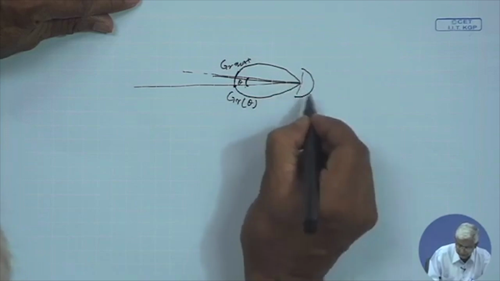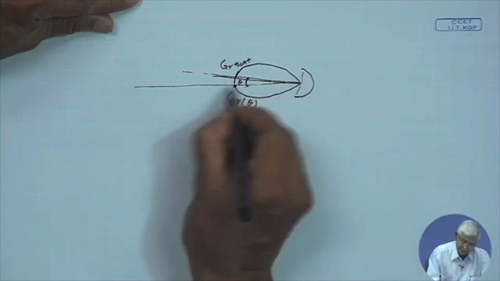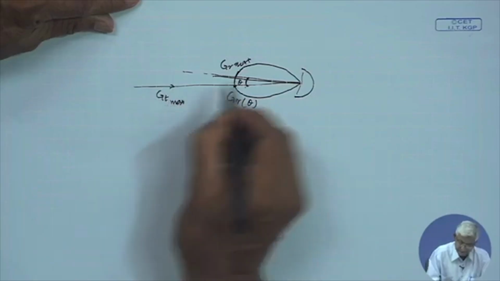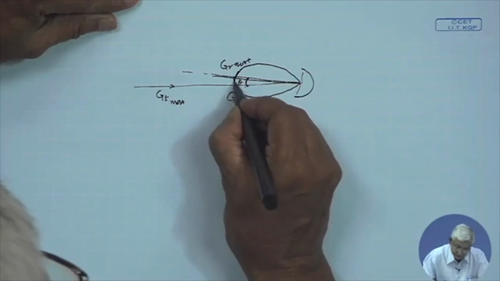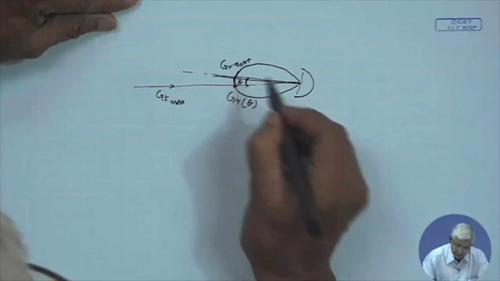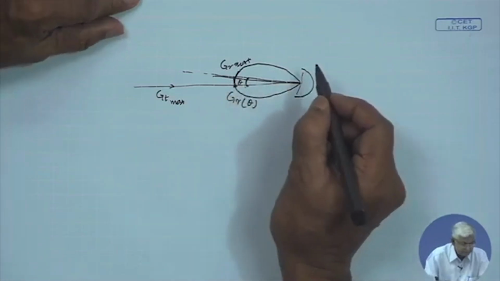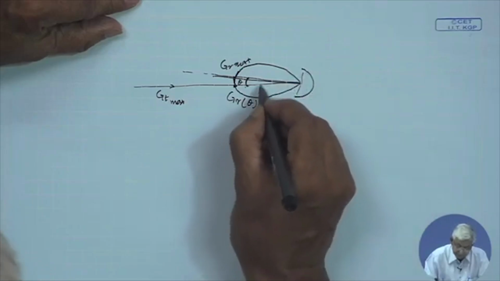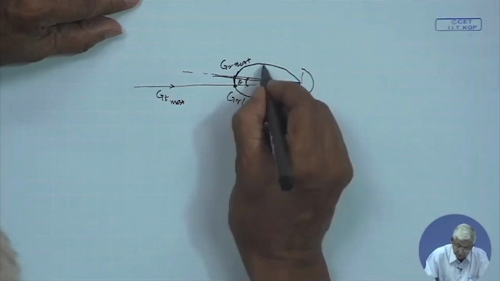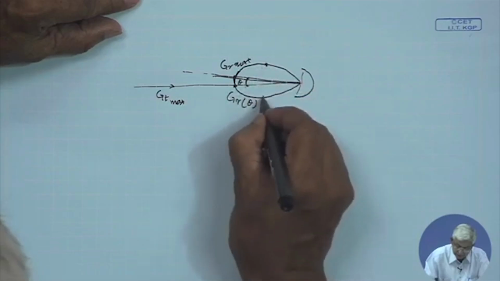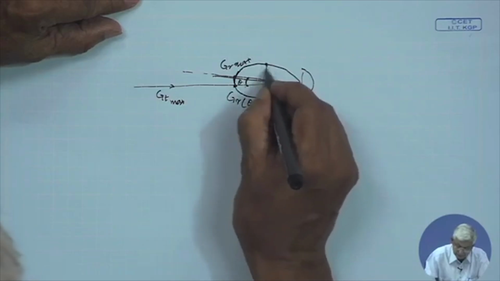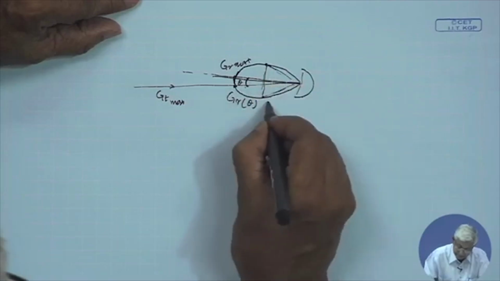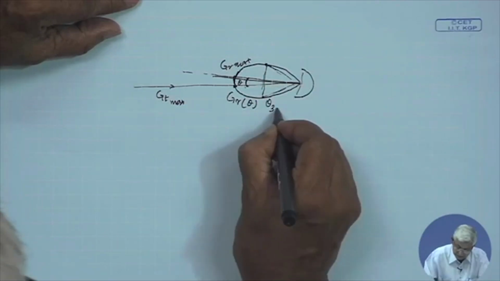This is the receive antenna. By theta angle it is depointed. This is GT max. So, it is reduced from the peak, which is GR max, and let us assume that the half power point for this is here. So, this angle is theta 3 dB.